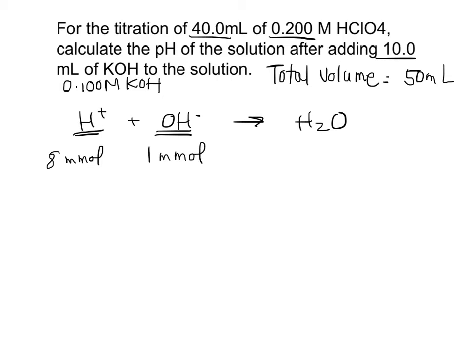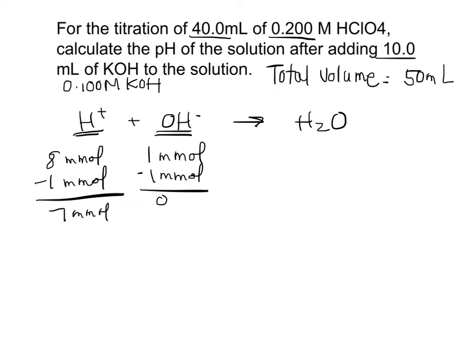So I'm going to use up all of my base, that 1 millimole, to neutralize the acid. If I use 1 whole millimole up, I'm going to neutralize 1 millimole of acid. So I'm going to subtract. What am I going to have left over? I'm going to have 7 millimoles of acid left over, and that's what's going to contribute to my H plus concentration.